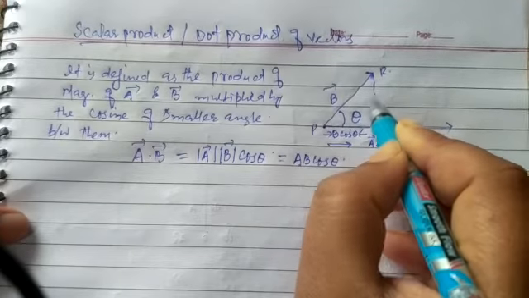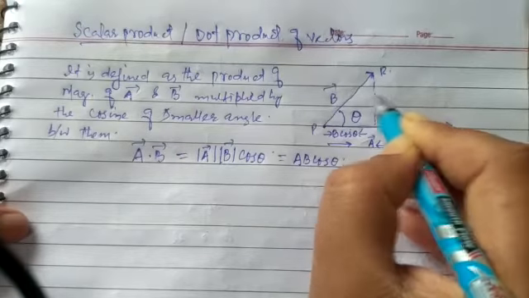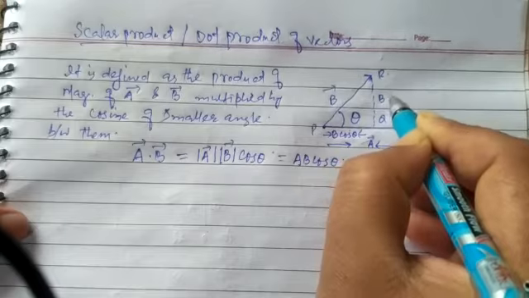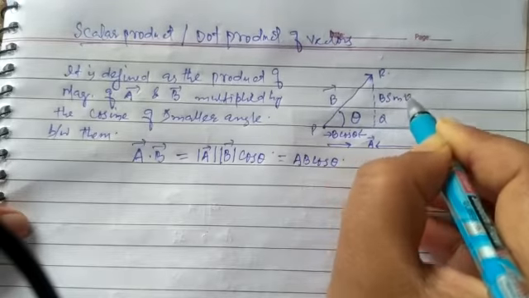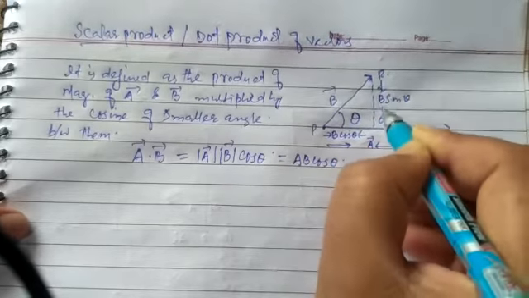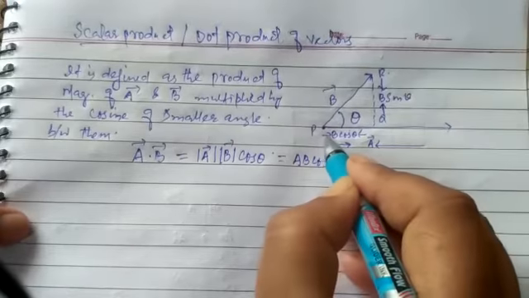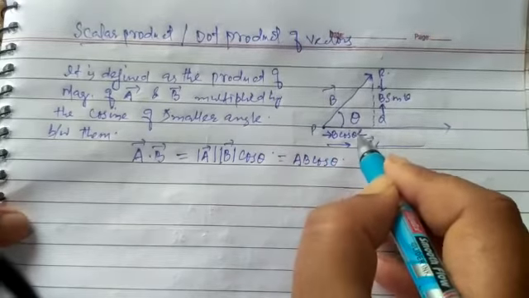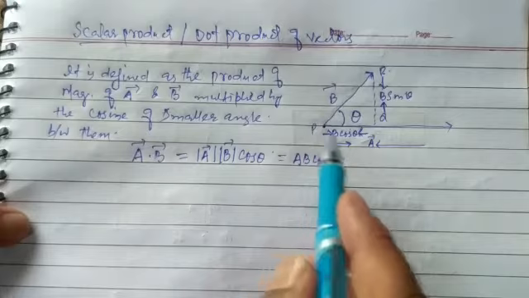The relation of the perpendicular with the hypotenuse is the hypotenuse times sin theta, B sin theta. But right now we are interested in the relation of the base with the hypotenuse as well as the angle.